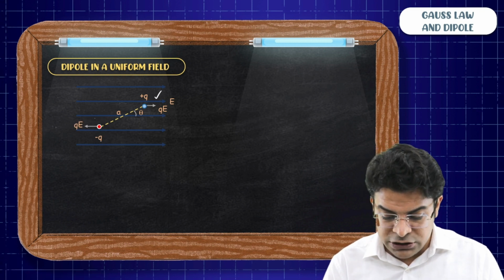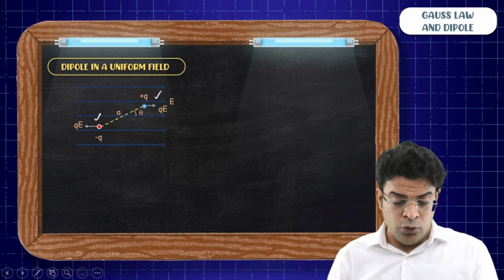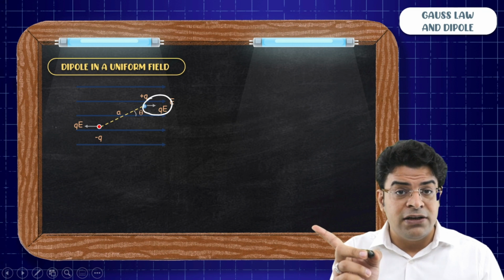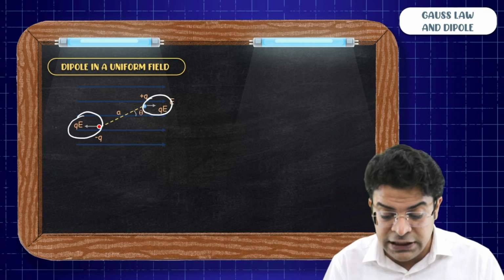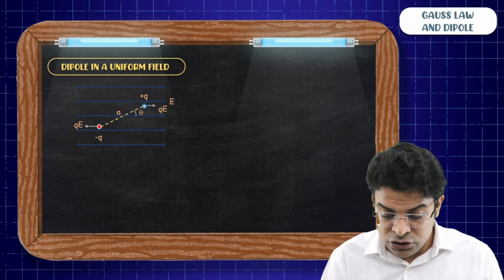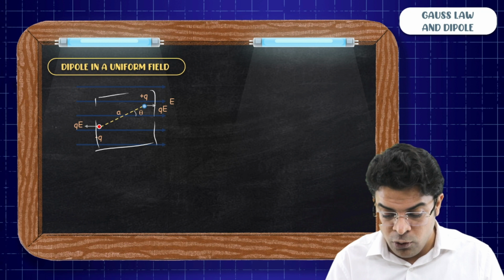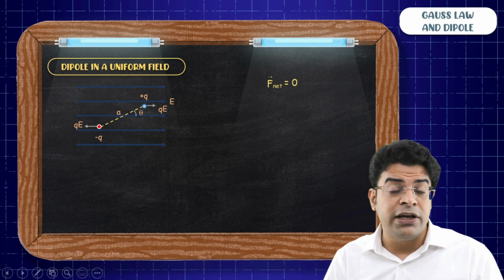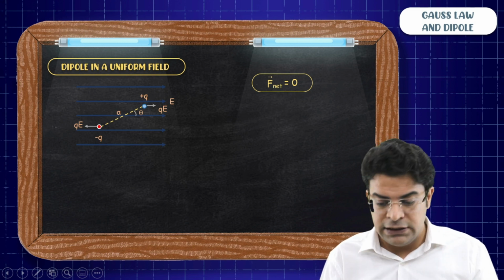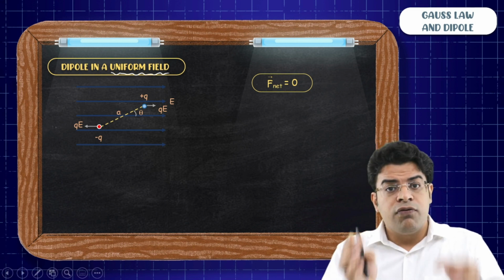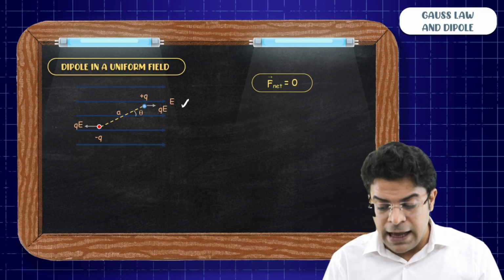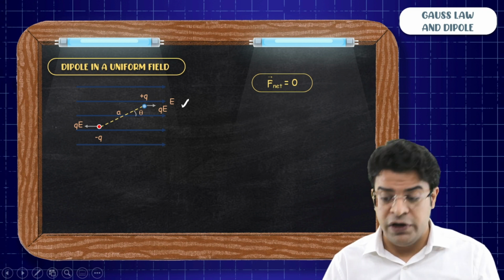Now if somebody asks you what is the net force on this dipole, you will say on the positive charge there is a force QE towards right in the direction of field, while on the negative charge there is a force of same magnitude but in direction opposite to field. So the net force on the dipole is zero. And this is something important which is asked many a time. What is the net force on a dipole placed in a uniform field, a field of constant magnitude? The net force is zero.